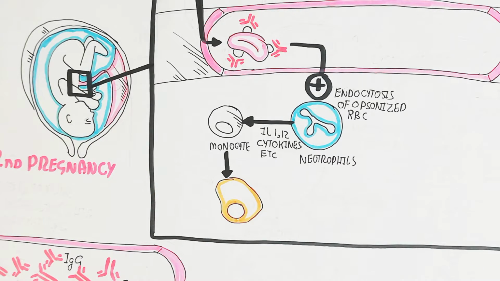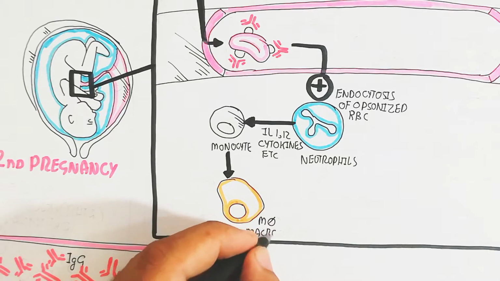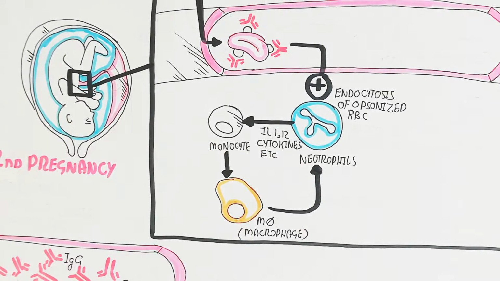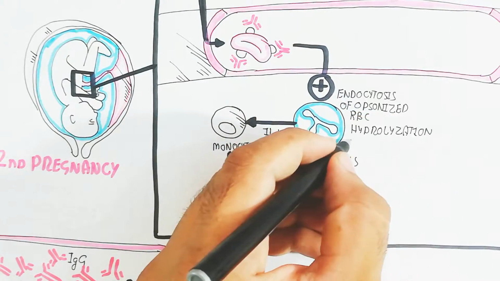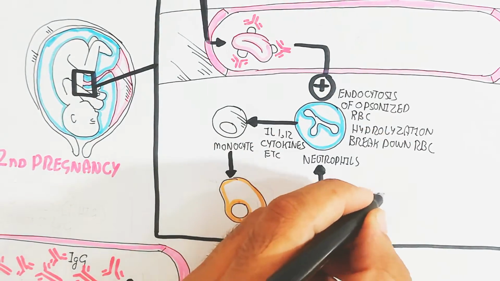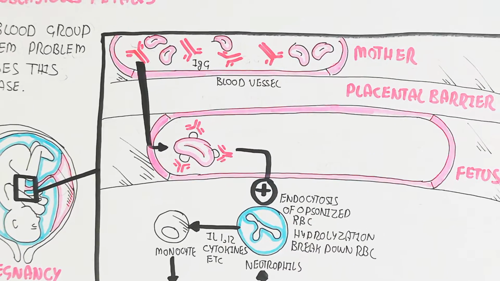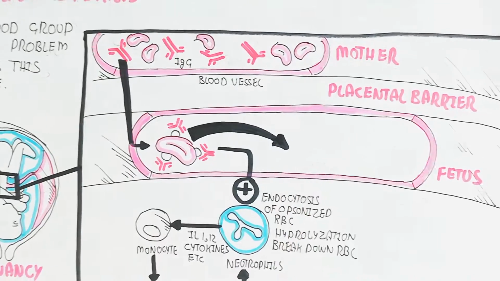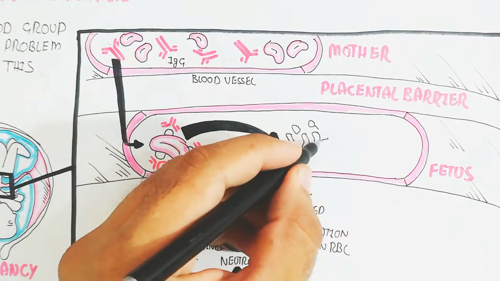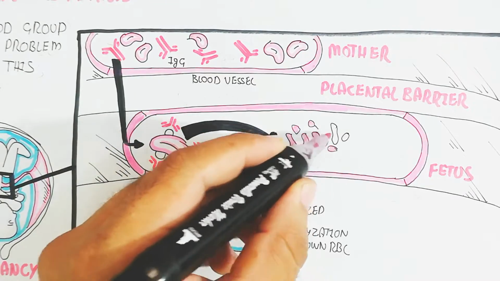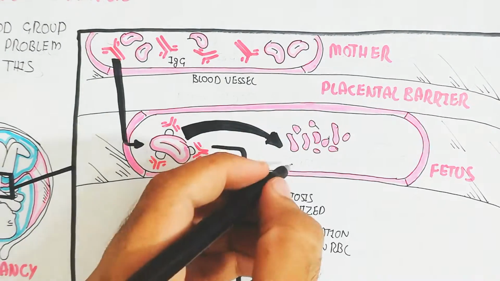So the macrophage goes toward the cytokine site of the neutrophil, and erythrophagocytosis will occur. It means the macrophage will engulf the cells. So the hydrolyzation and the breakdown occur. In this way, as the neutrophil and macrophage break down the RBCs, cell lysis also occurs.